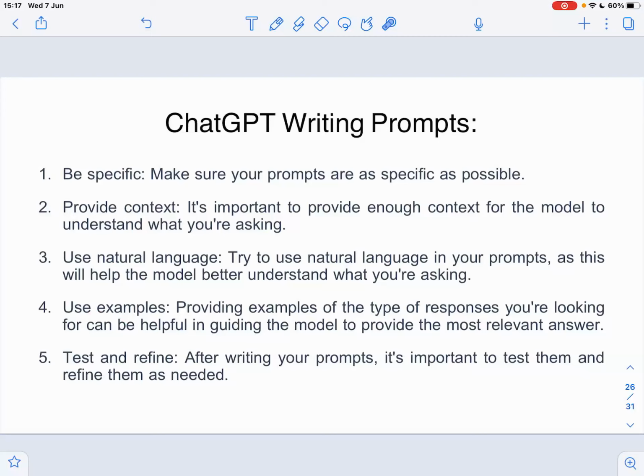Use examples. So very often I give ChatGPT something like, I want the output to be in a particular, say, JSON format with this key and value pair. Now, that helps in a way to get meaningful, good results.